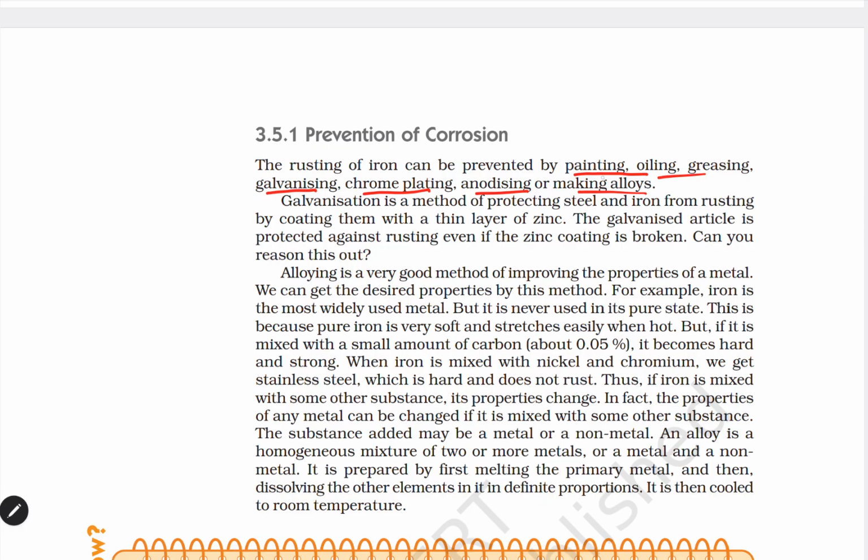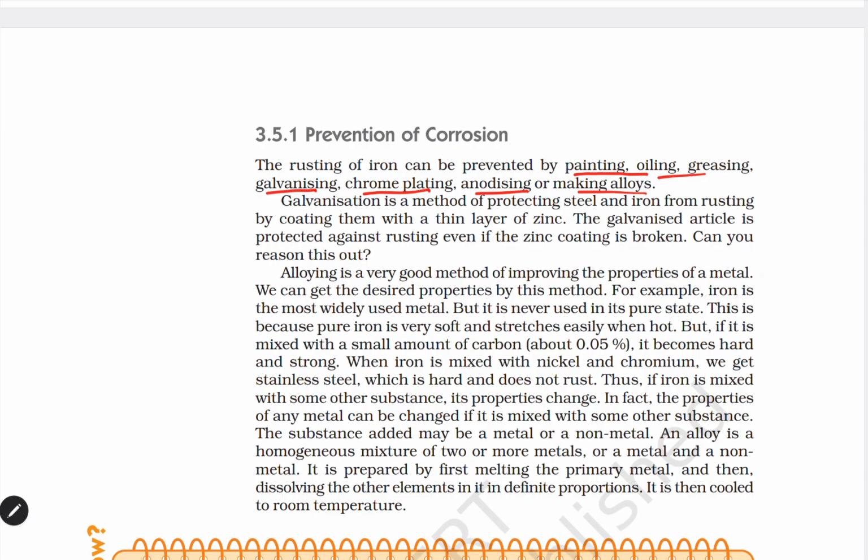Painting you can do, oiling you can use, greasing we will be doing. If you keep some oil on vehicle parts or gates, you can stop that rusting process. Galvanizing, chrome plating, anodizing, and making alloys all help in reducing the corrosion process.